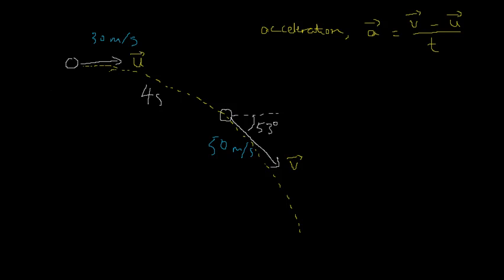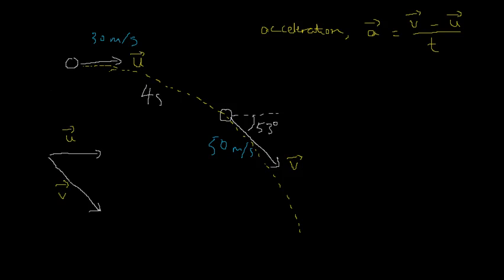Move the two vectors until their tails touch each other. So this is the initial velocity, horizontal u, and that's the final velocity v.